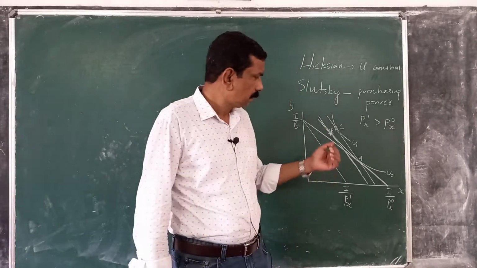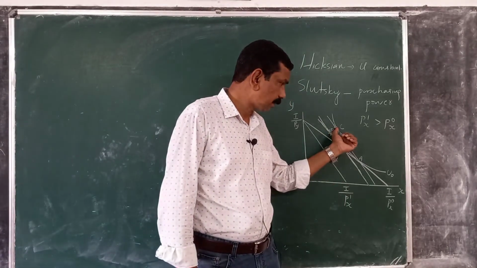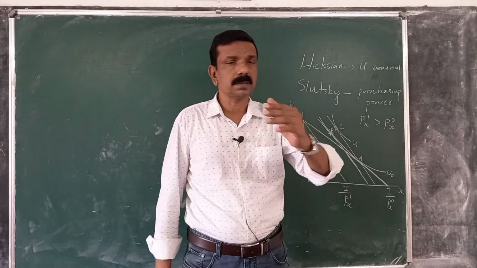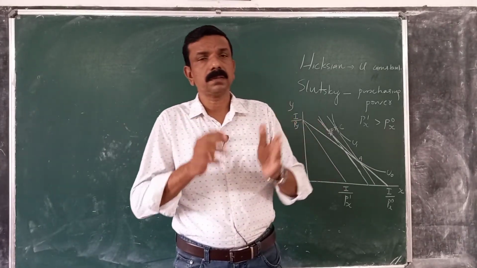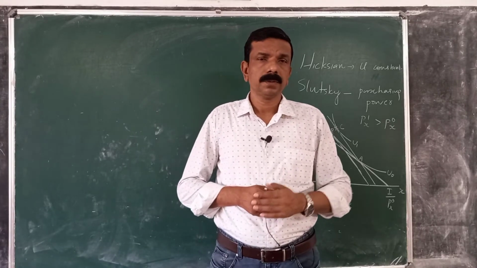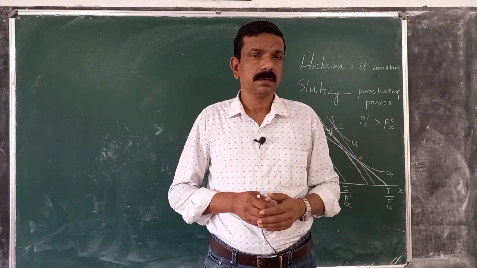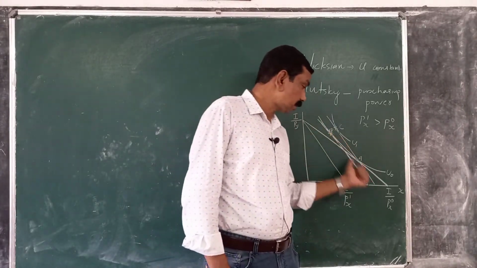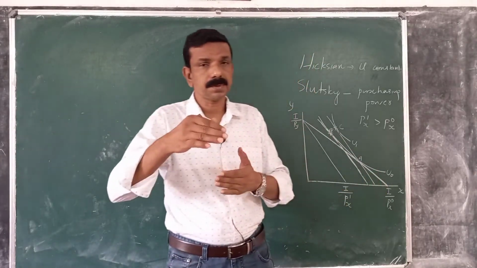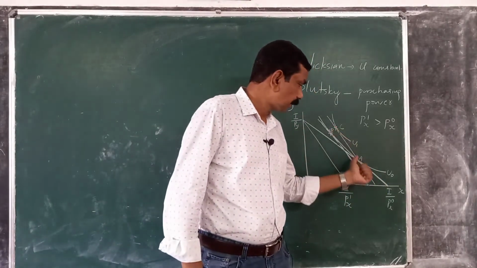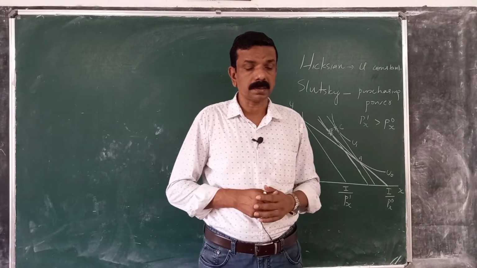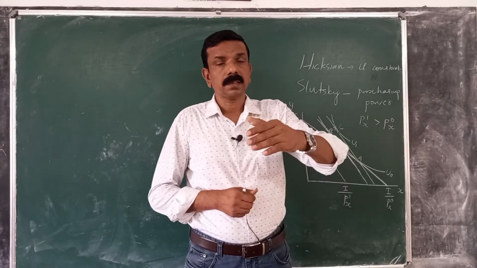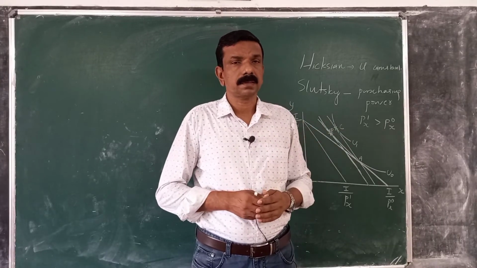And one more point, remember this: Hicksian substitution compensation keeps utility constant. And utility is something which is not measurable, so you cannot observe it. But Slutsky's substitution keeps purchasing power constant, and it can be observed in the market.